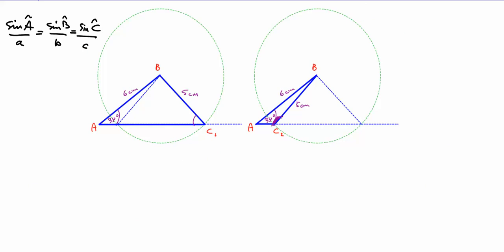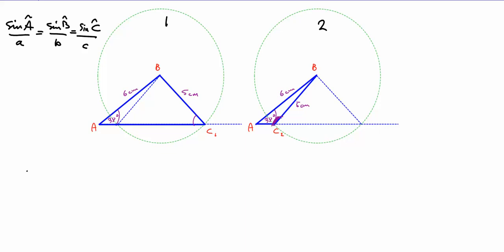Now, as we found in the last video, the sine rule is sine A over a equals sine B over b equals sine C over c. So let's first of all apply it to the first case, this triangle here on the left. We'll call that number 1, and the one on the right number 2.